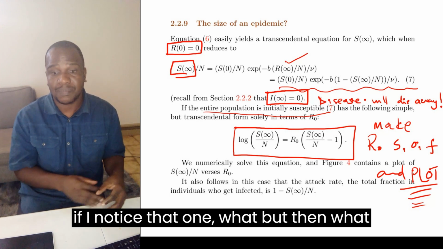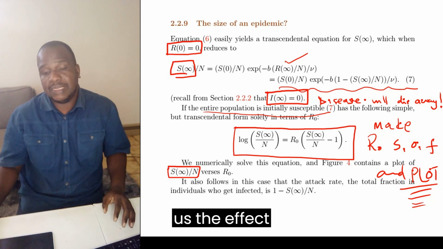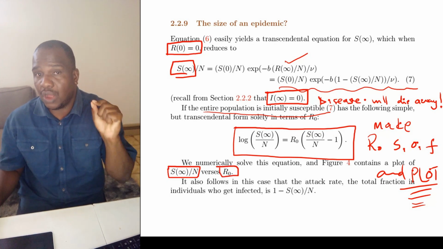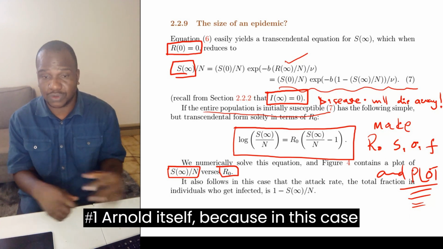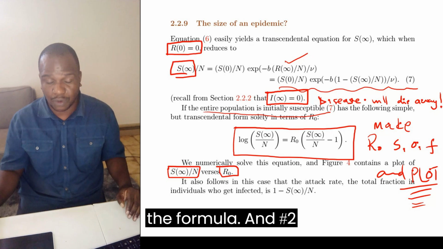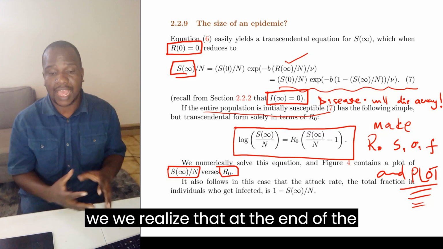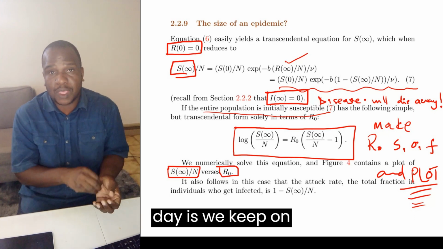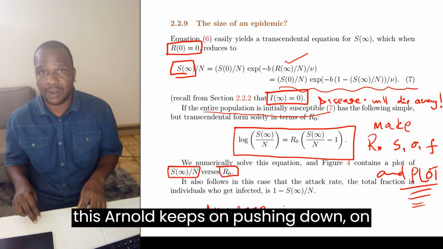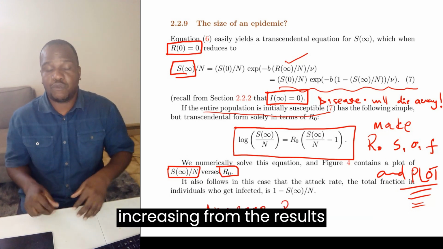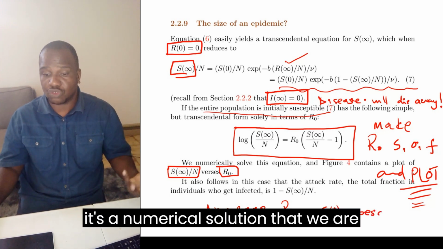And if R naught is that one, what that gives us is the effect, the effectiveness of, number one, R naught itself, because in this case we're going to make R naught the subject of the formula. And number two, we realize that as we keep on increasing our R naught, from the results that we got, it's a numerical solution that we are giving.